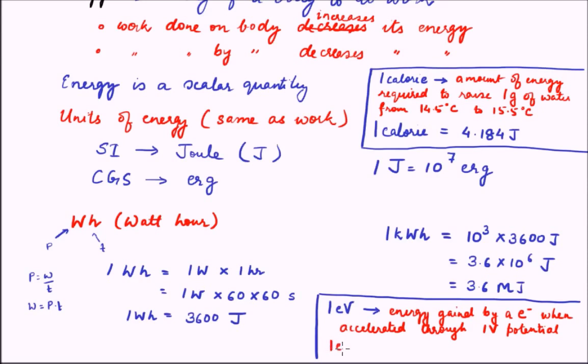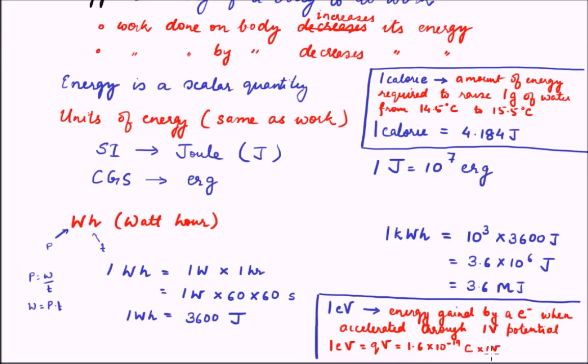1 electron volt is equal to the charge of electron into the voltage, Q into V. That is the energy relation between charge, voltage and the amount of energy. So the charge of electron we know is 1.6 into 10 to the power minus 19 coulombs, and the voltage is 1 volt.